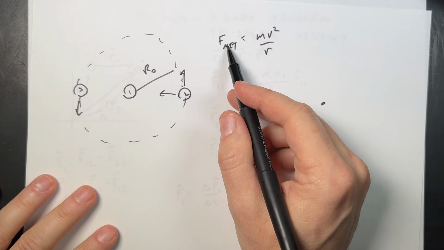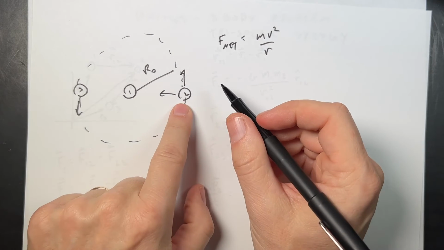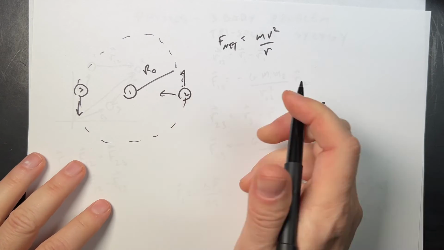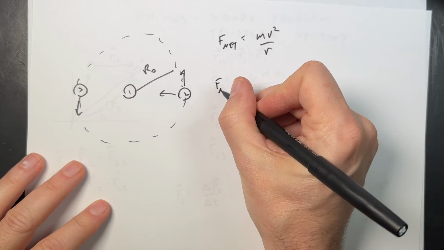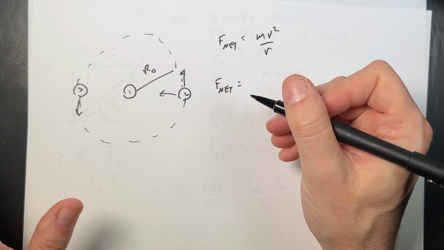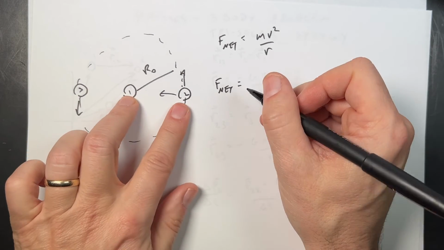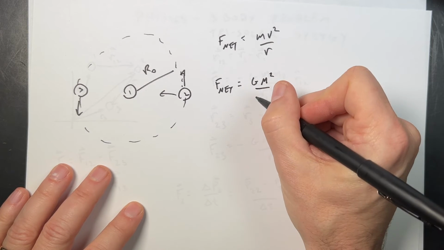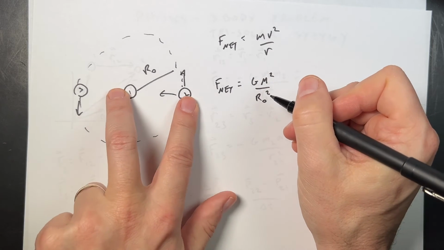So let's write an expression for F net. These two are going to interact, and these two are going to interact. And they're both pulling to the left. So F, and I'm going to leave off the vectors because we're all in one dimension here. F net, and that's my positive direction. It's going to be this force, which is G m squared over r0 squared, right? Because that's the distance r0.